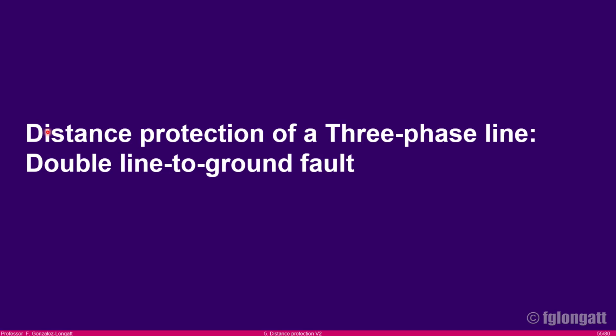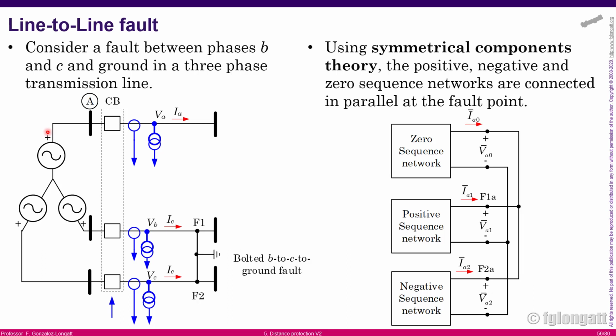Let's now try to understand what is happening in a three-phase line when there is a double line to ground fault. It is the same situation. We have the same transmission line, but now phases B and C are connected together and going to ground.